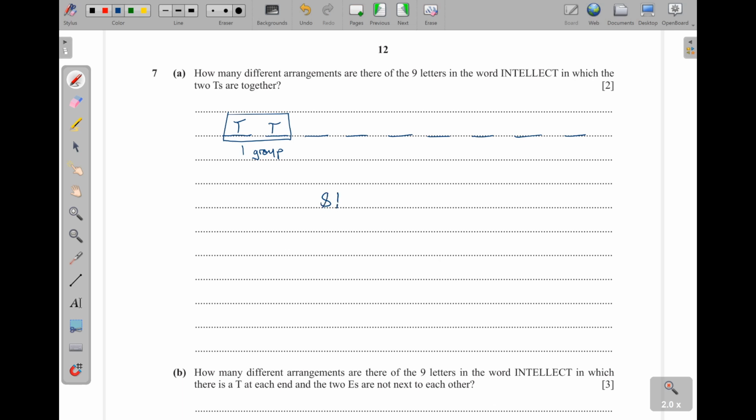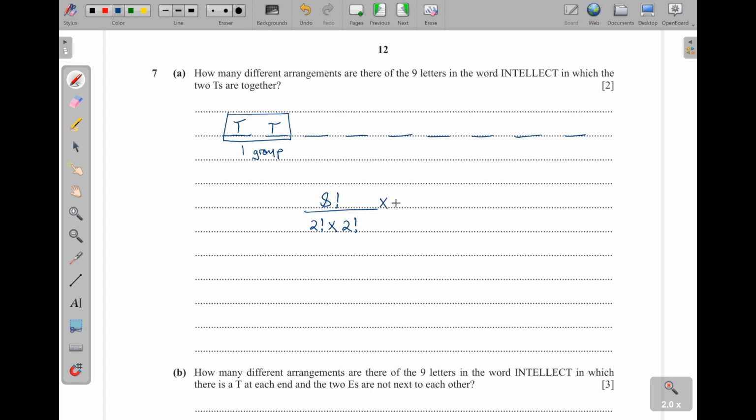8 factorial. Then out of, do we have the repeating letters? We have, other than the T's, we have E's. There are 2 of them. So I'll put 2 factorial. And then we also have L's. We have 2 L's here. So I'll also put 2 factorial.